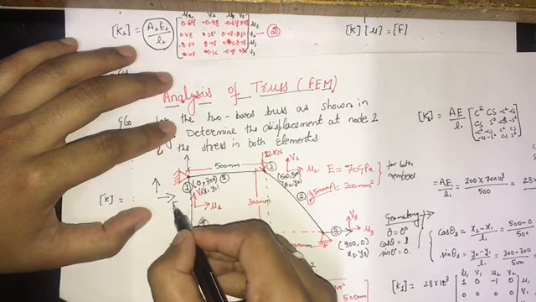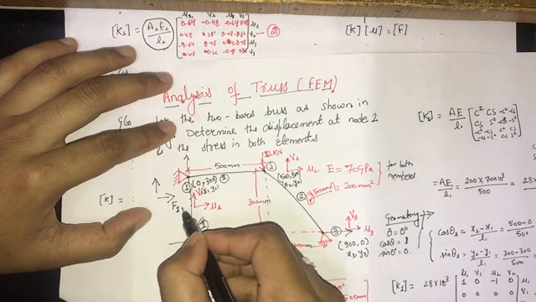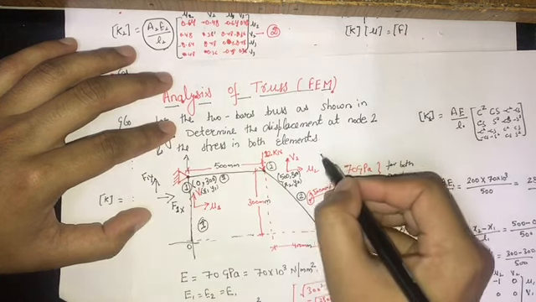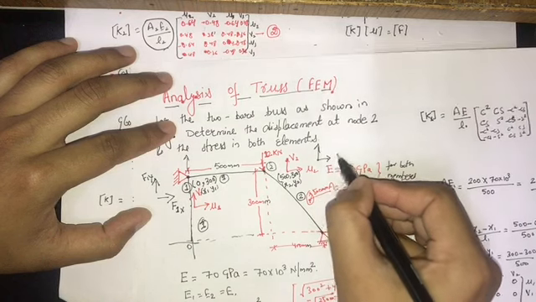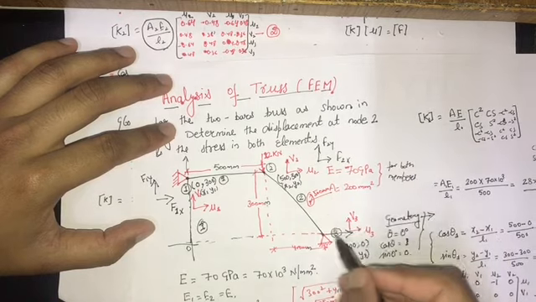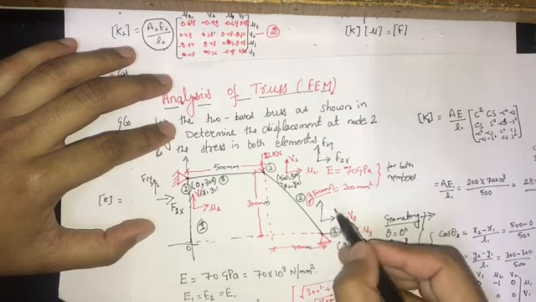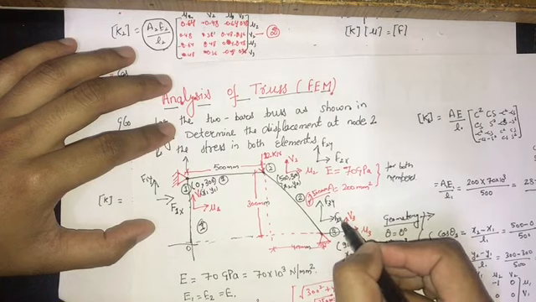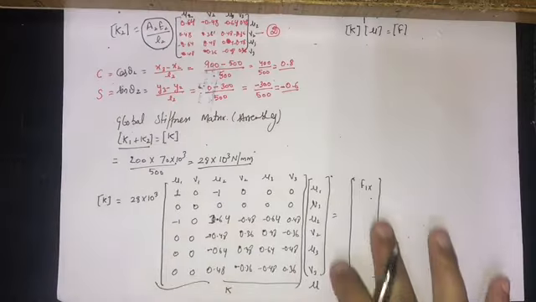So for horizontal we write F1x, and for vertical F1y. Similarly for node 2 we have F2x and F2y. Similarly for node 3 we have F3x and F3y. So the same forces we write here.